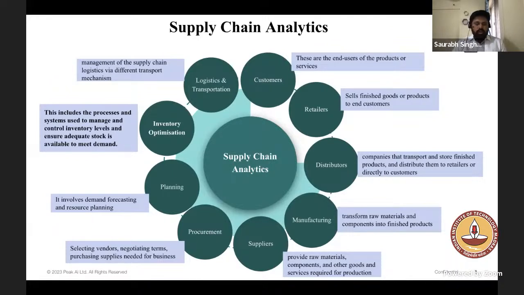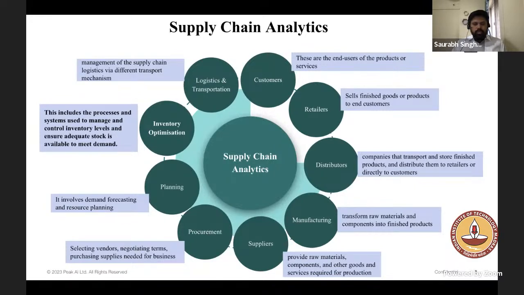These entities are suppliers, manufacturers, distributors, retailers, customers, logistics and transportation, inventory management, inventory optimization, and planning and procurement of products and goods. Now, you understand this is a very broad topic, and given the limited time of say 40 minutes for this session, it is really impossible to cover all of these in detail.